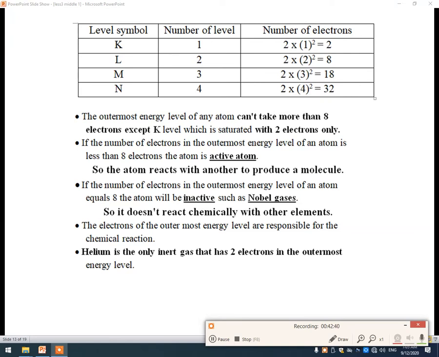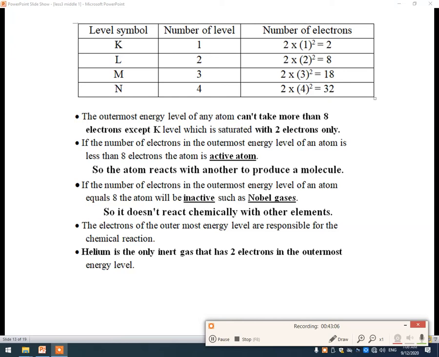No, I don't need to make an effort, I need to be inactive. Okay, so all the atoms need to make their outermost energy level saturated by 8, to not make any chemical reaction.